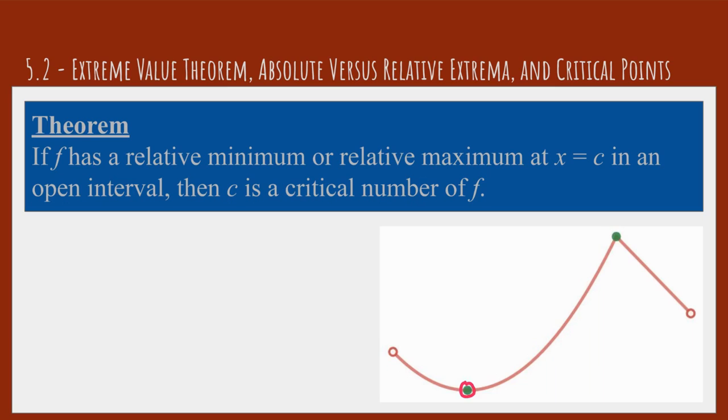Since that's a global minimum, that has to be a critical point. And indeed, if you look at it closely, you can see that it's going to have a horizontal tangent there. This point is a local maximum. And at that point, the derivative is not defined because we have that corner there. So anywhere that we have a local minimum or a local maximum, that point on the function has to be a critical value or at a critical point.